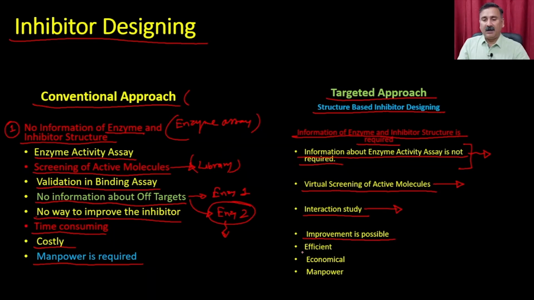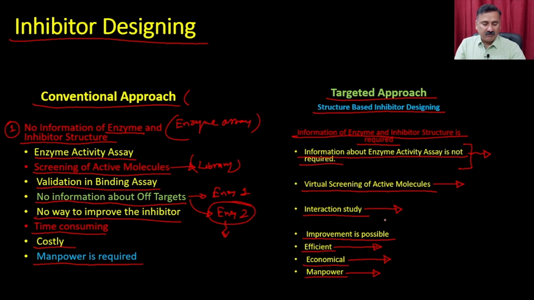Based on the interaction studies, you can change the groups on the inhibitor, so there is always a possibility that you can improve the inhibitors. It's efficient because it is computationally driven, so it's very fast. It's economical because you're not going to consume any costly biochemicals and other reagents, and it also doesn't require trained manpower, compared to the traditional approach.